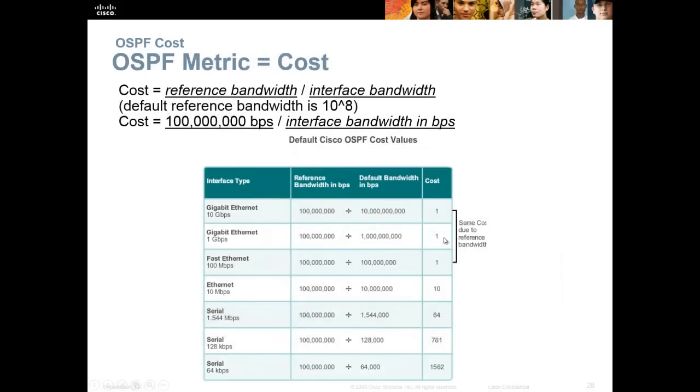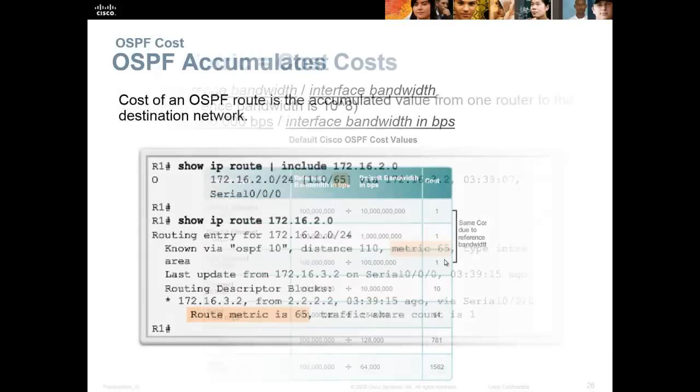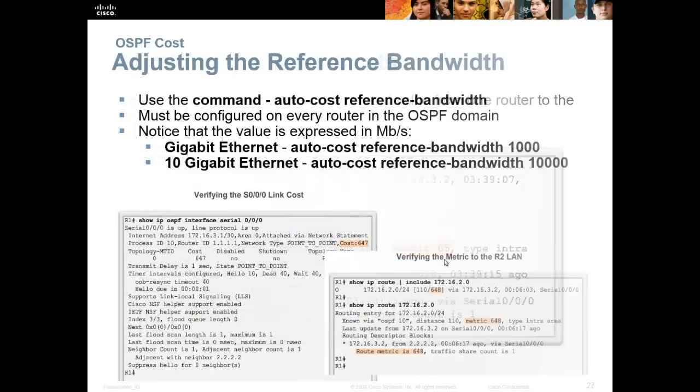So you have to change the reference cost with the auto-cost reference-bandwidth command. If you're doing gigabit, it's auto-cost reference-bandwidth 1000, and auto-cost reference-bandwidth 10000 for 10 gig. That will subdivide the cost even more, so then it can tell the difference between Cat5 and Cat6.